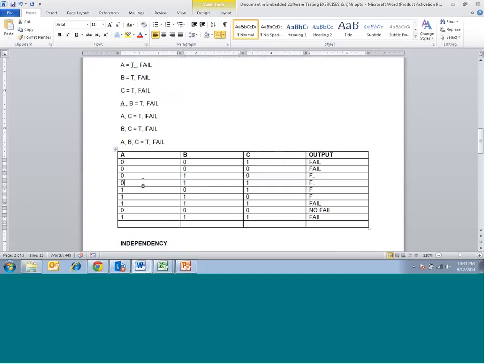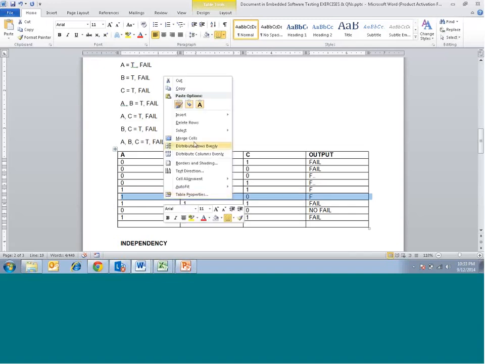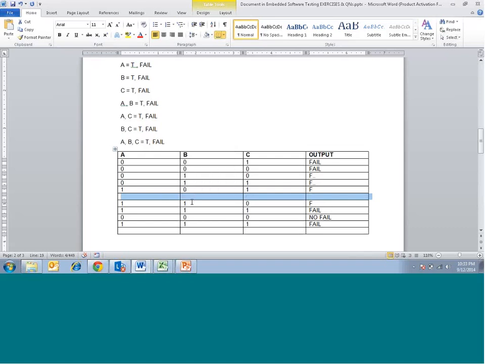Similarly for other cases also, like we have 0 0 0, no fail, and since this has toggled these two bits, because of this we are getting the fail.